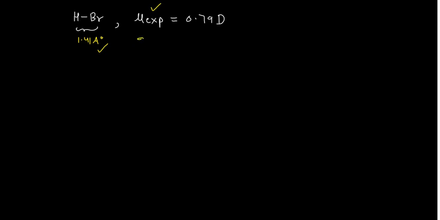So how can we calculate the theoretical dipole moment, which is also known as the mu ionic? I already told you, you can write mu ionic for this one, and you know it is charge into distance.